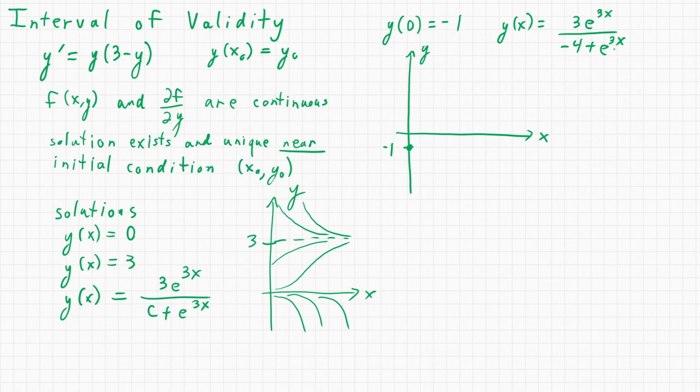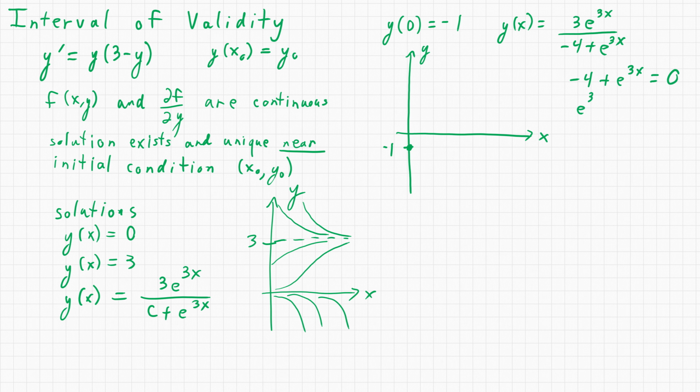But now something interesting will happen. Eventually, we have this -4 on the bottom, and we have e to the 3x. e to the 3x is going to keep getting bigger, and eventually e to the 3x is going to be 4. So what if I set -4 plus e to the 3x equals 0?